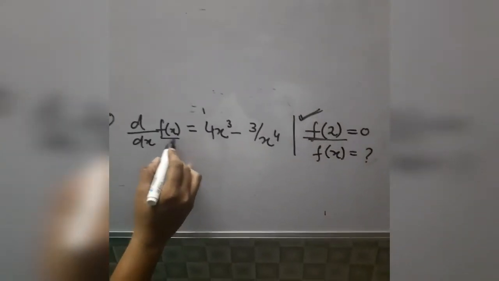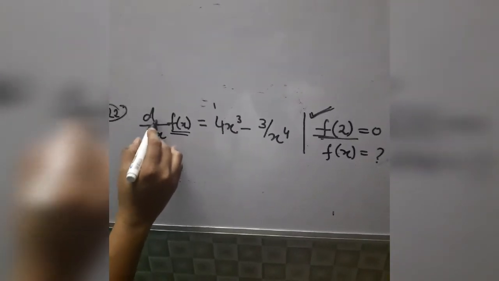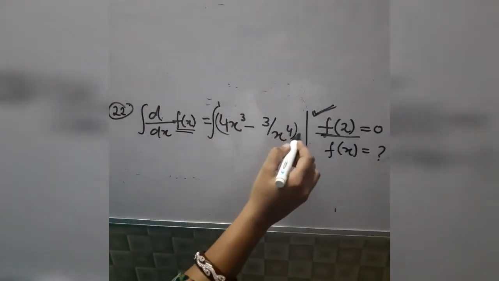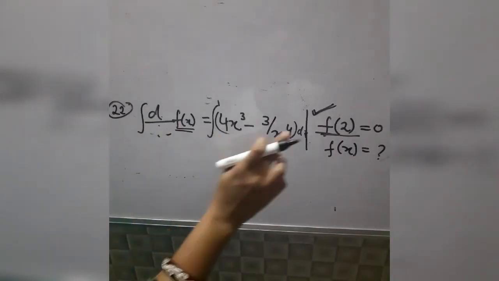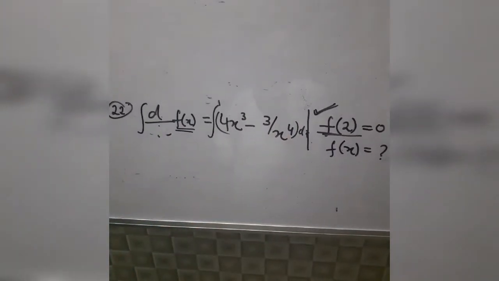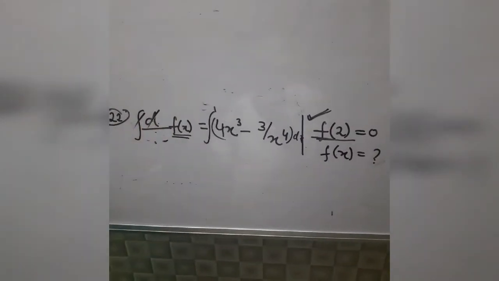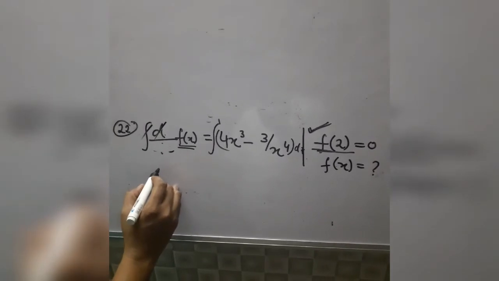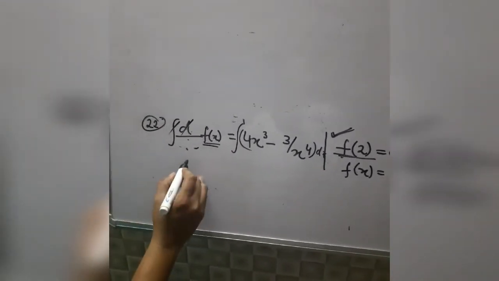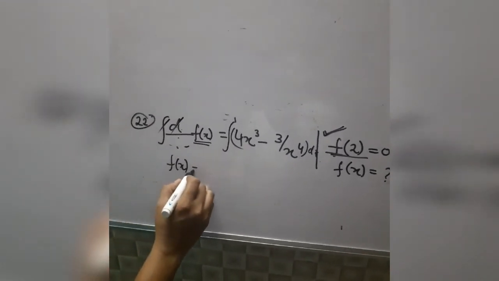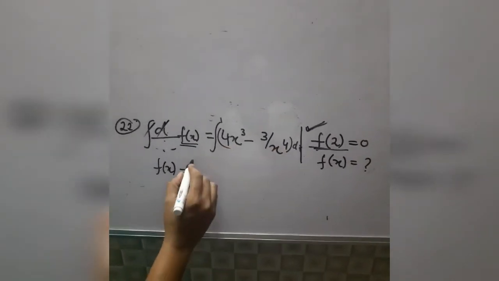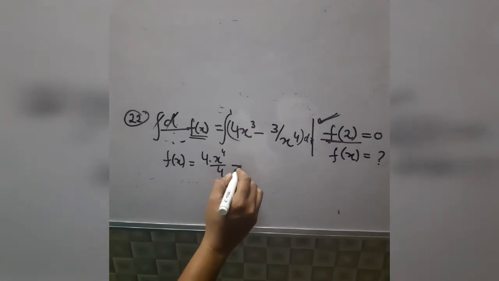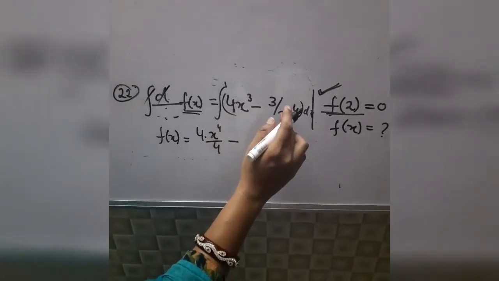Firstly, how will you find out function fx, how will you remove this derivative here? If you take integration on both sides, then dx shifts here, and the d derivative is cancelled with the integration sign, because integration is known as antiderivative. Now what is the value of fx here? Fx is equal to integration of this function. This equals 4 into x raised to power 4 divided by 4 minus 3 by x raised to power 4.